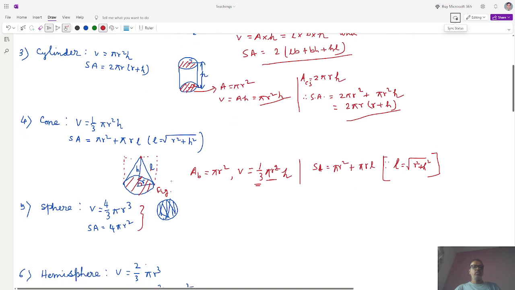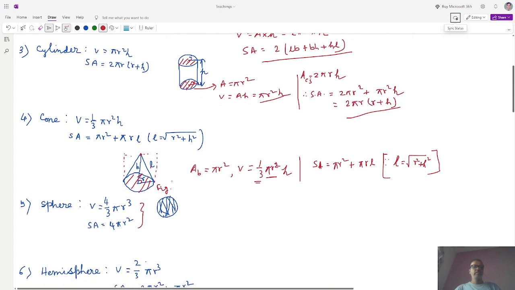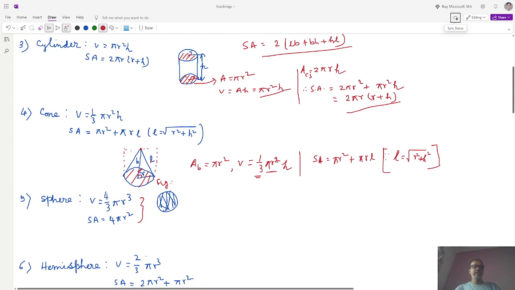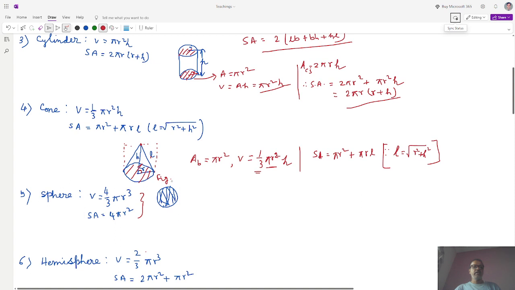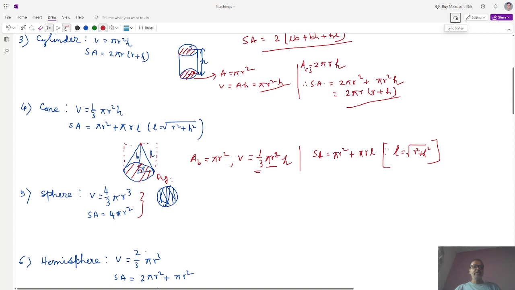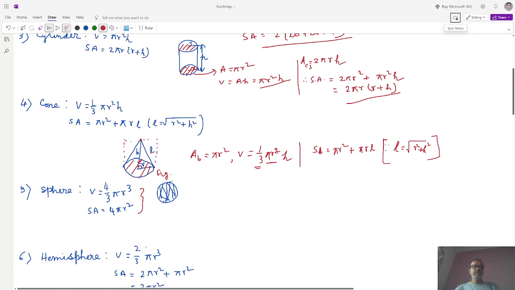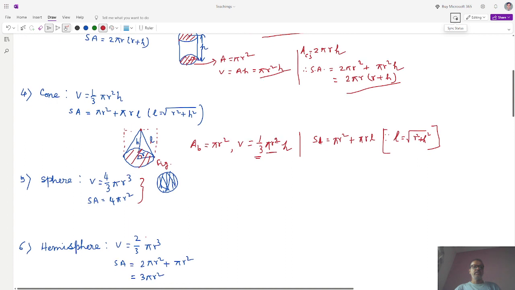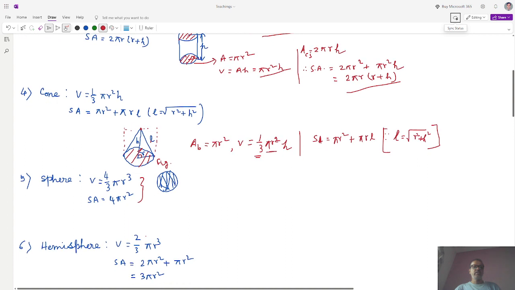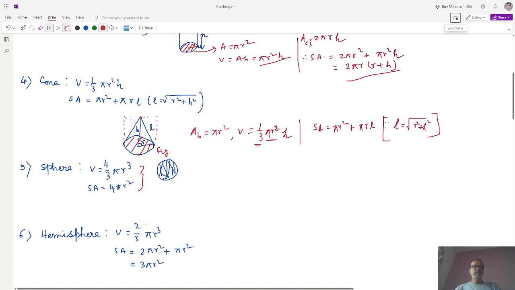In case of cone, the volume is equal to 1/3 πr²H, and the surface area equals πr² + πrL, where r is the radius of the cone, H is the height of the cone, and L is the slant height of the cone. And we know that L equals root over of r² + h².